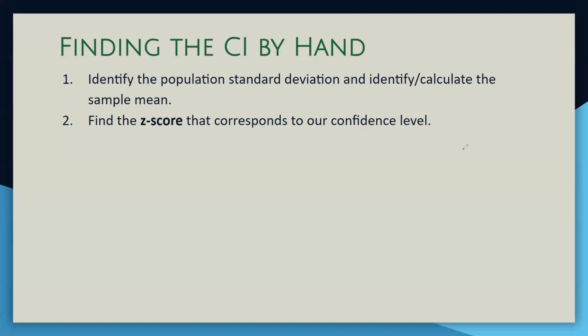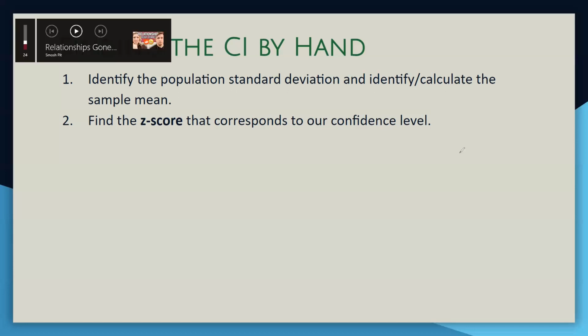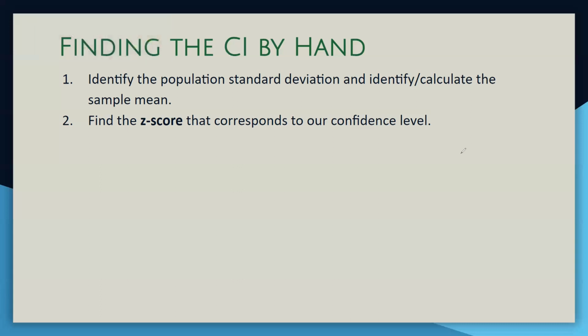So we're dealing with a sample of a set size, and we know when we're dealing with samples and sample means, we're looking at sampling distributions, and that we are assuming that our sample is large enough or that the original data is normally distributed so that our sampling distribution is going to be normal. Since things are normal, we know we can describe them with the standard normal curve.